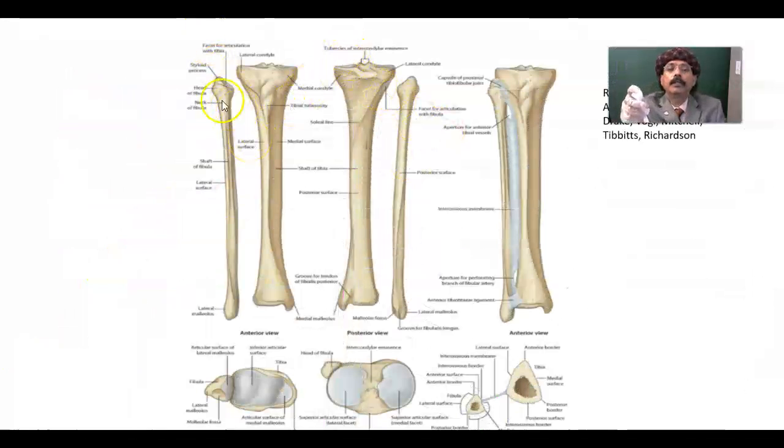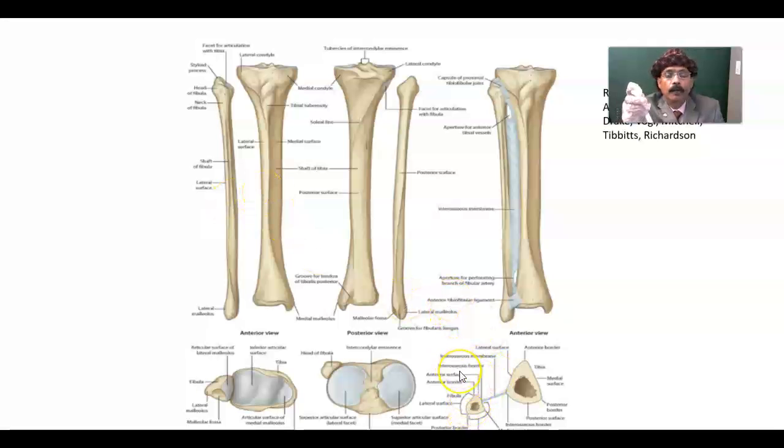Again, we have the head, neck, styloid process, articular facet, the shaft here, the lateral malleolus, and we have the interosseous membrane connecting the fibula to the tibia, a superior aperture for the passage of the anterior tibial vessel, and an inferior aperture for the passage of the perforating branch of the fibular artery. The fibula and tibia form the leg bones.